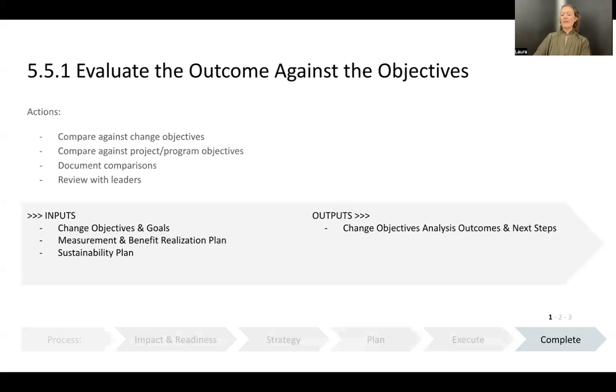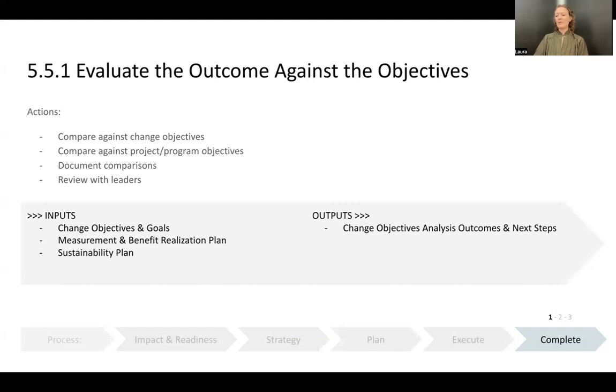The change management effort should include the following actions as required to evaluate the outcomes against objectives. Compare the outcomes of the change management effort against the change objectives set at the beginning of the change effort. Compare the outcomes against the project or program objectives.